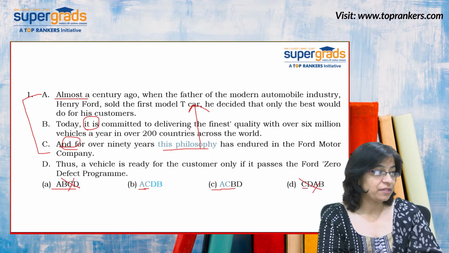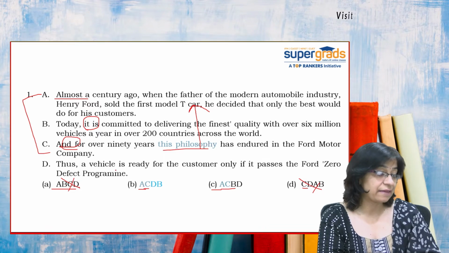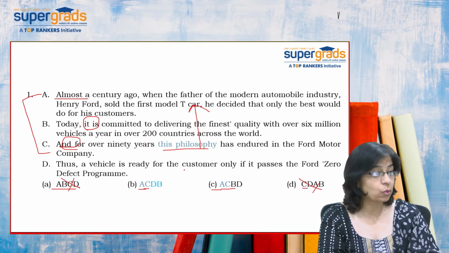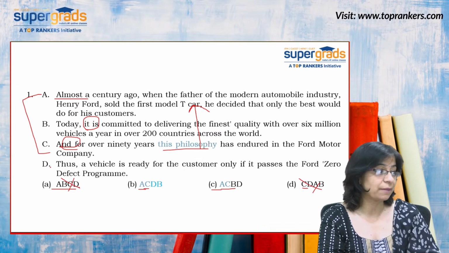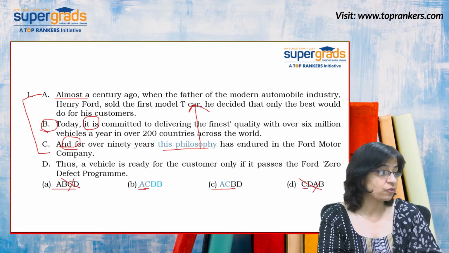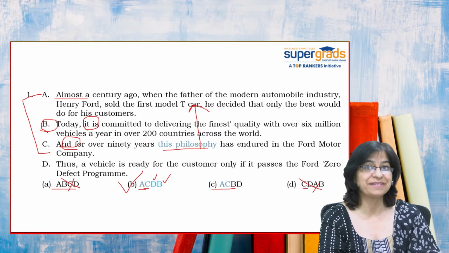Today, it is committed to delivering the finest quality with 600 vehicles a year in over 200 countries. Thus, a vehicle is ready for a customer only if it passes the zero. See, it looks like this is a conclusive statement. So we can place D after C and then we can put B. So option B would be your right answer choice.